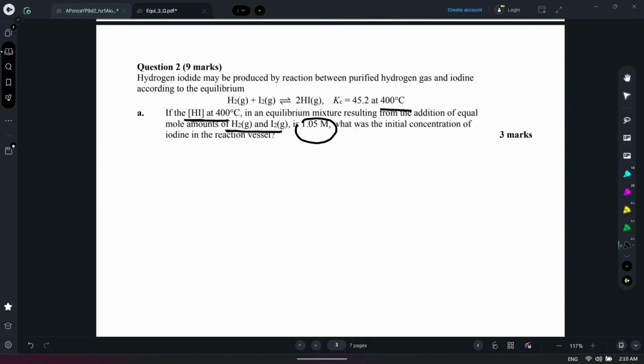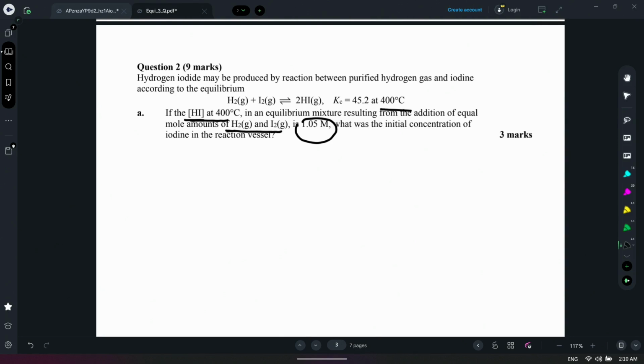Now, the way the question is presented is so difficult to understand. Even I find it difficult to understand. Look, the question is saying the concentration of HI at 400 degrees is given to you, which is 1.05, right? Which is 1.05.